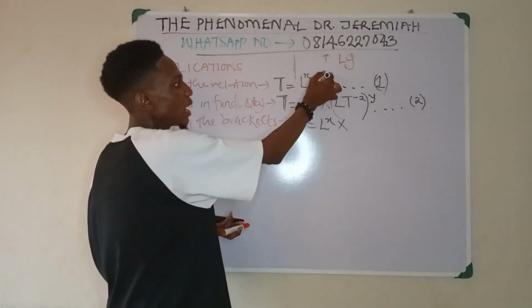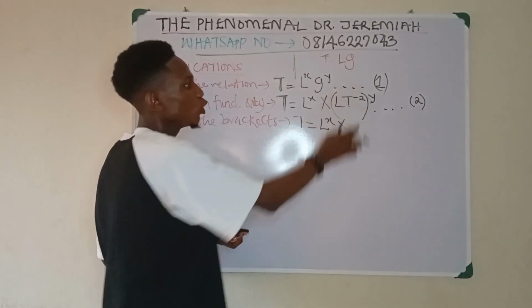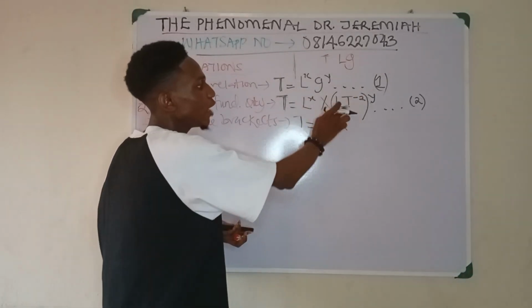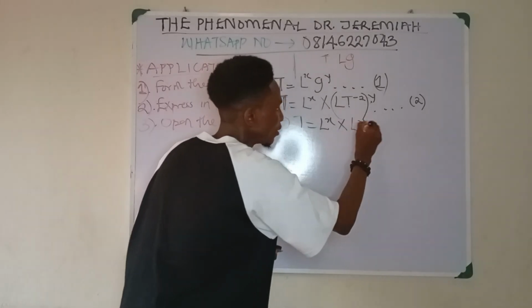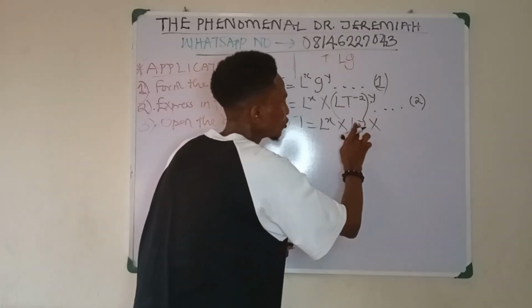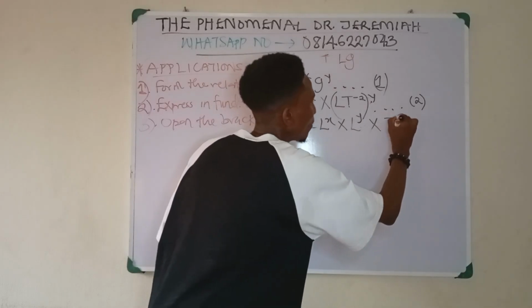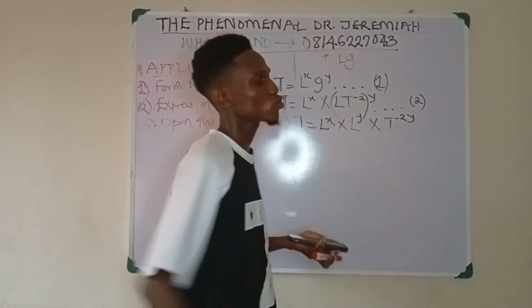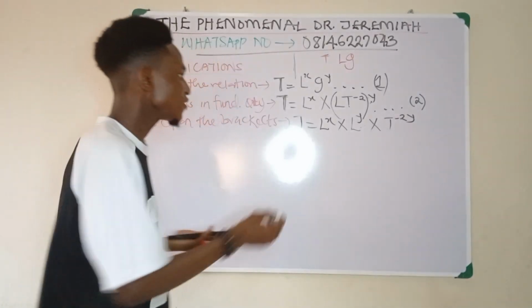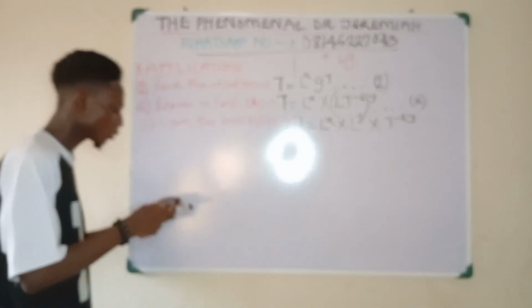Note that G, the y was on top of G. So we express G as L T raised to power minus 2. So both L and T take this y. So we're going to have Ly times T minus 2y. Yes, minus 2 times y is minus 2y. So we have reduced the bracket now.